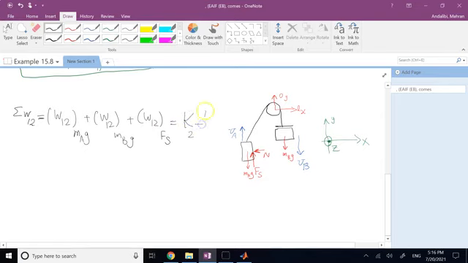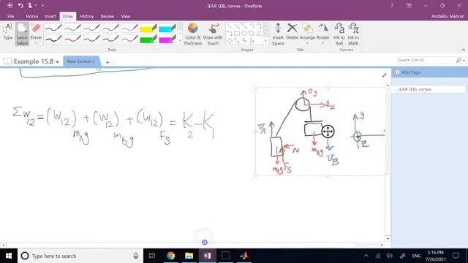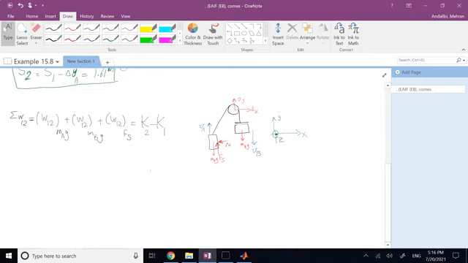And this is equal to K2, the total kinetic energy in position 2, minus K1, the total kinetic energy in position 1. Okay, so this is my work energy equation for the entire system. Now, in the beginning, both objects have 0 speed or velocity magnitude, so K1 is clearly 0.